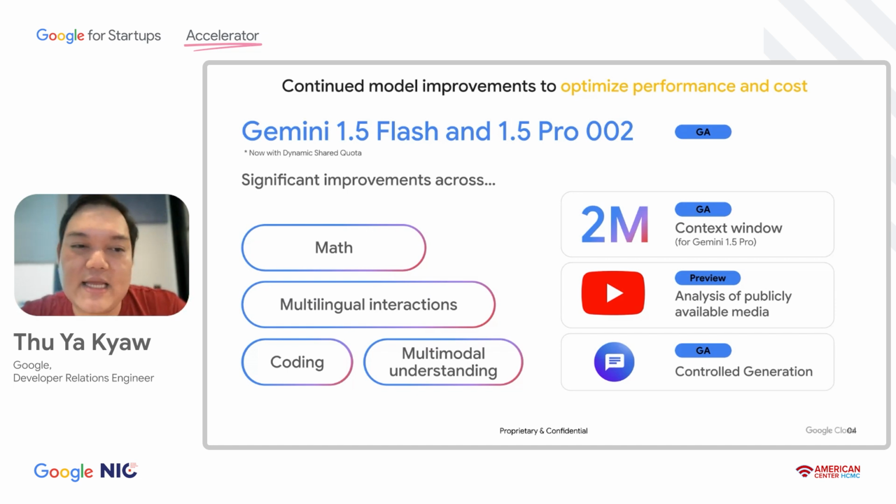Those are the things you can do with the newer version of the Gemini model as well. So it's not just improving from model weights and things like that, you can actually have fine-tuning for math, for coding, for controlled generation and things like that as well, that is coming up, right?